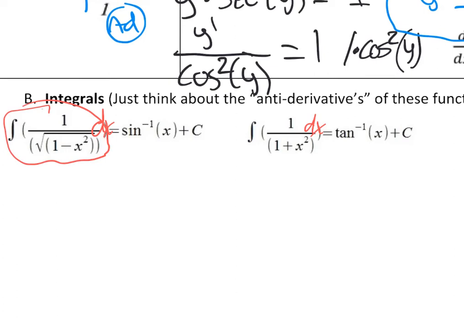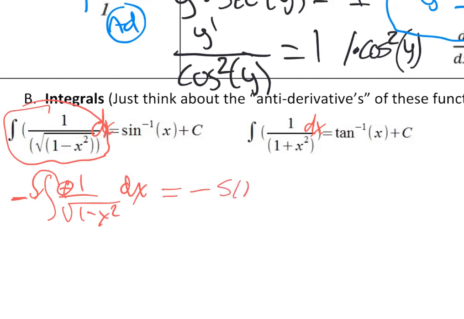But what if you had the integral of negative 1 over the square root of 1 minus x squared dx? Well, you could write that as cos inverse, or look at this. You could actually take that negative and bring it outside the integral sign, and that would end up being negative sine inverse of x plus c.